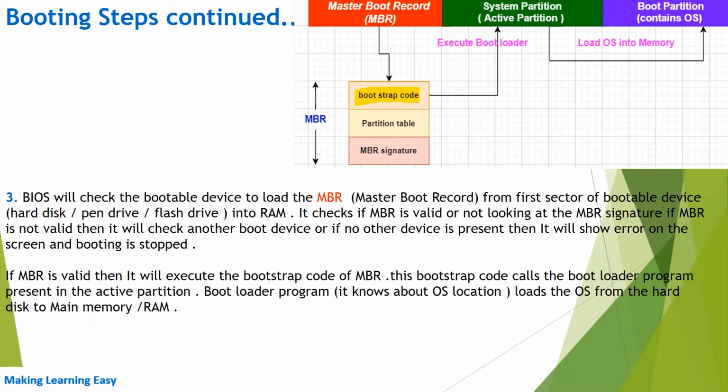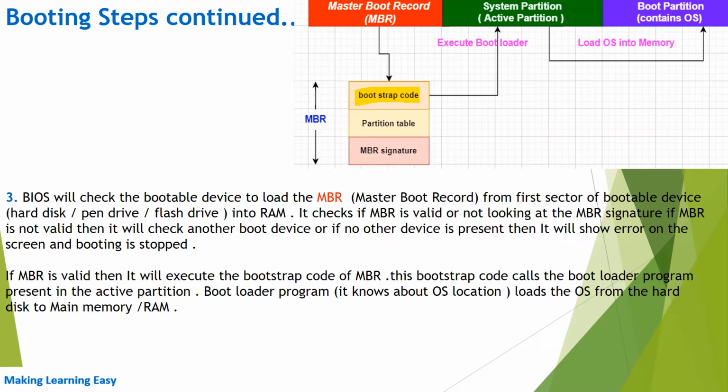Master boot record has 3 parts: bootstrap code, partition table and MBR signature. System partition is holding the bootloader program, and boot partition is the one where operating system is installed. This is the view of hard disk.